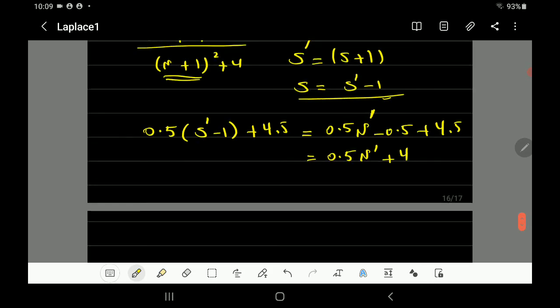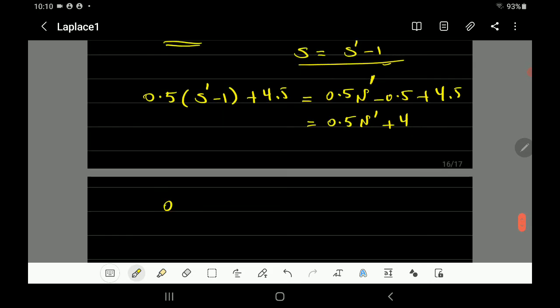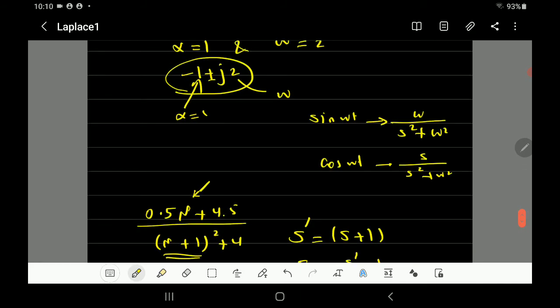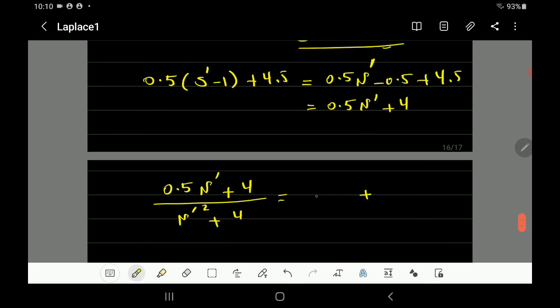So now the new expression in s dash is (0.5 s dash plus 4) divided by (s dash squared plus 4). You try to divide it into two terms, one sine and one cosine, because you know already the sine has omega over s squared plus omega squared, and the cosine has s over s squared plus omega squared.